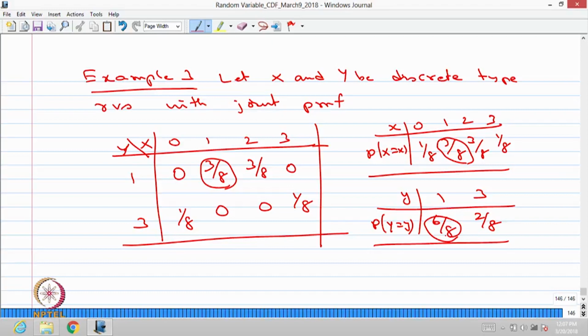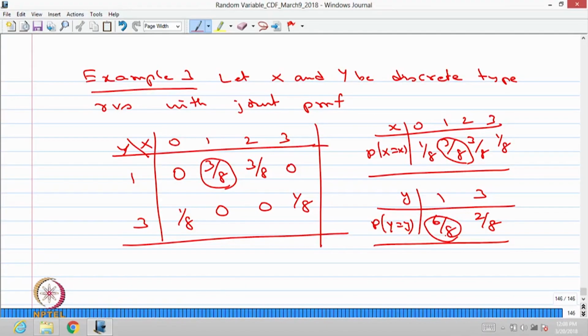Even if one pair does not satisfy, you cannot conclude they are independent random variables. Only if for all pairs the joint probability mass function equals the product of the probability mass functions of x and y can you conclude they are independent. Since one pair does not satisfy, you can immediately conclude both random variables are not independent.